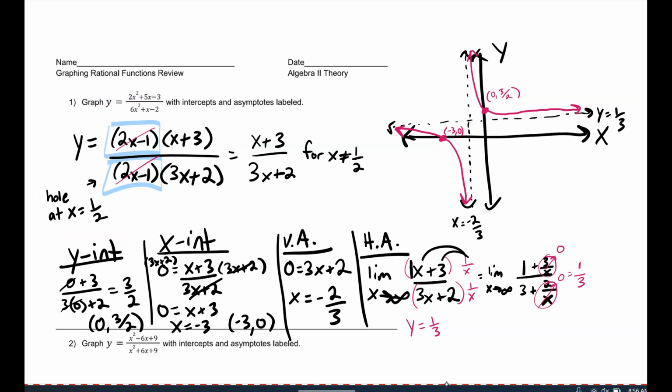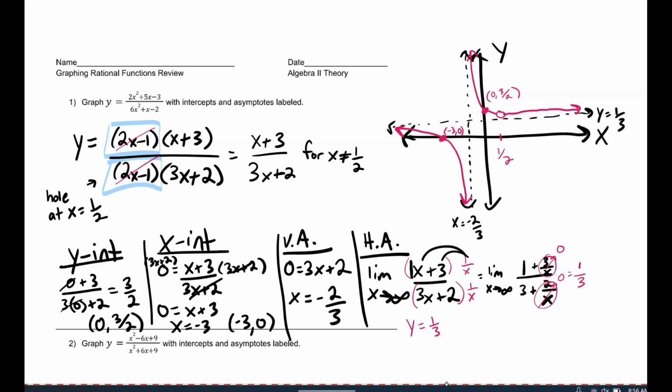So that's actually a really easy fix. I'll just maybe mark an x value of 1/2, and then I'm going to go up to my function, and this is why we sketch in pencil, for instances like this when that happens. And I'm just going to draw an open circle there. That's saying that our function is defined for every value of x in that vicinity except for 1/2.